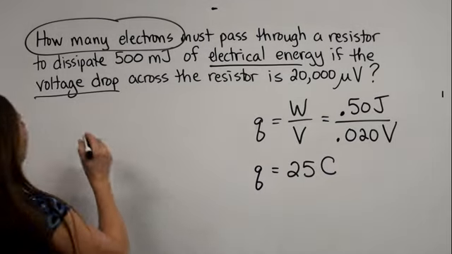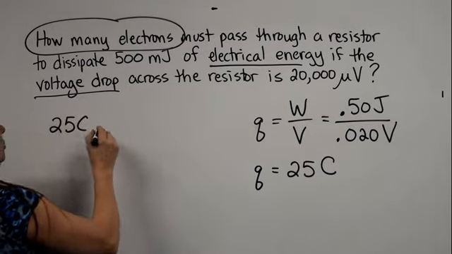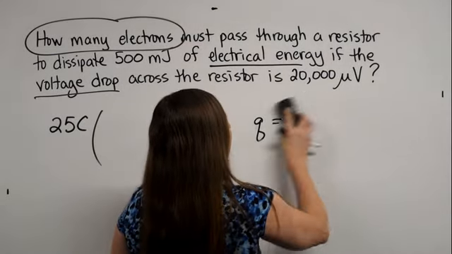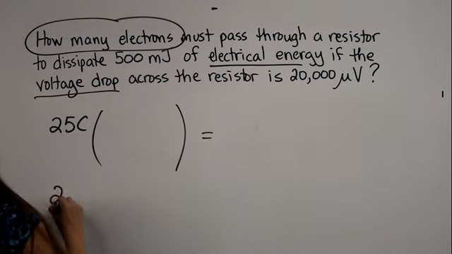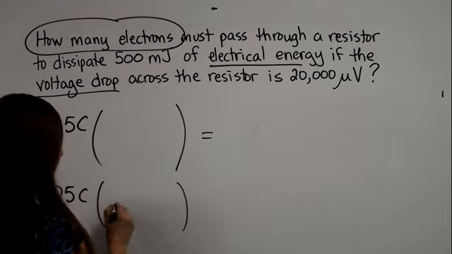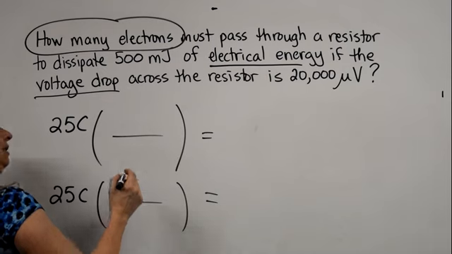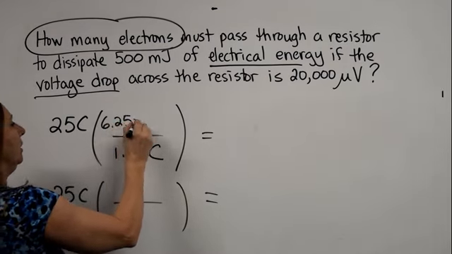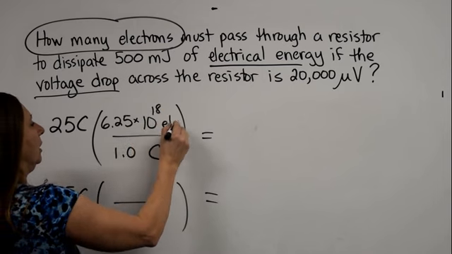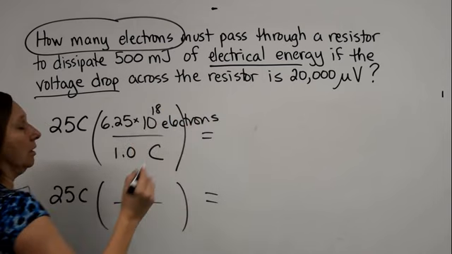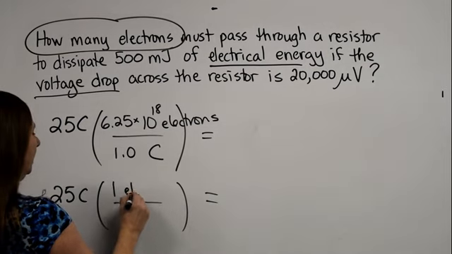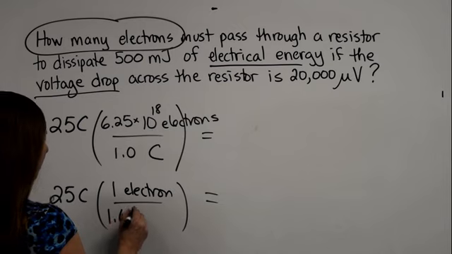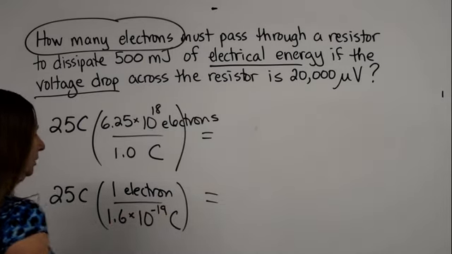25 coulombs. There's two ways you could do this. We can either say that 1 coulomb is this many electrons, or we can say 1 electron is this many coulombs.